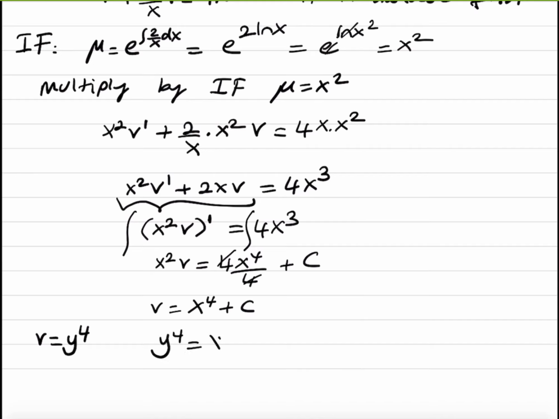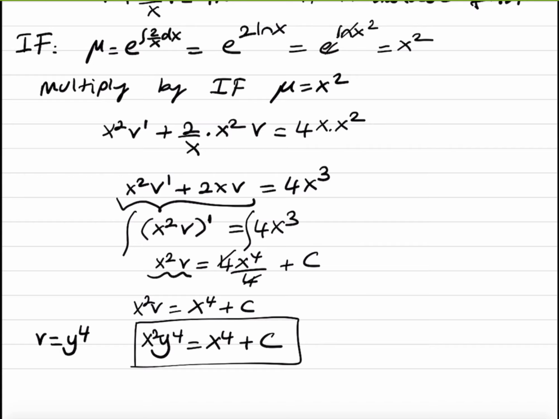So y to the power 4 is x to the power 4 plus c, the general solution of the differential equation. Oh, I forgot to write x squared. Sorry about that. So we had x squared v, right? So x squared y to the power 4 is equal to x to the power 4 plus c.